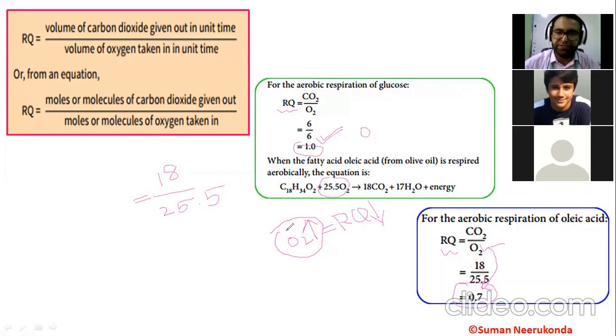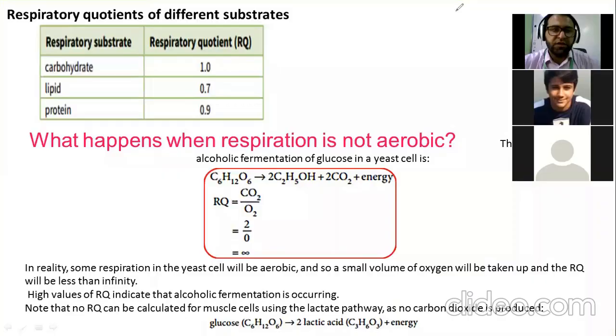Same for protein. Now let's check how we can find the RQ value practically. These are the different substrates: carbohydrate 1, lipid 0.7 and protein 0.9.